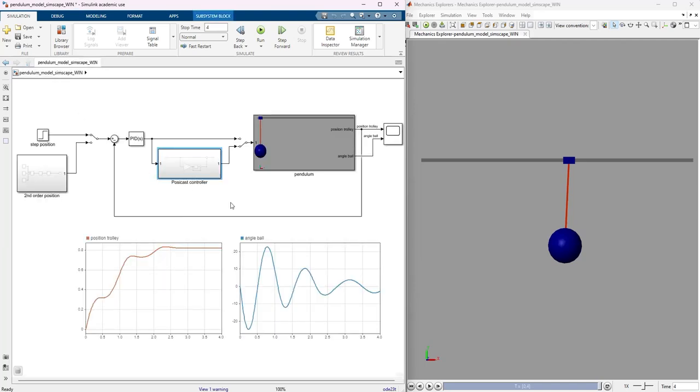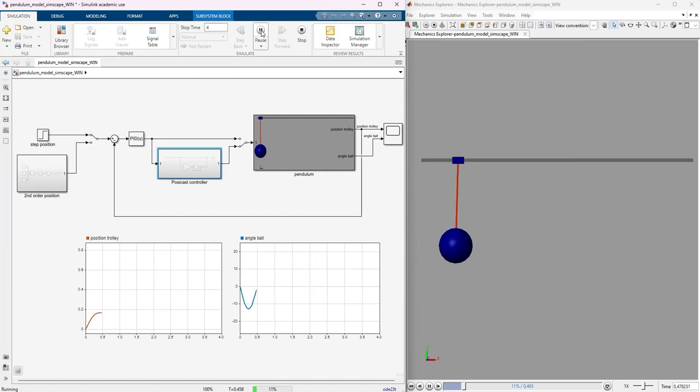So here we have it, and now let's do the simulation once again, and please watch the behavior of the ball, and of course look not only to the position of the trolley, but especially to the angle of the ball, how it's resonating after the settling time of the trolley has been reached. So here we go. This is my simulation, and here we see the angle of the ball.